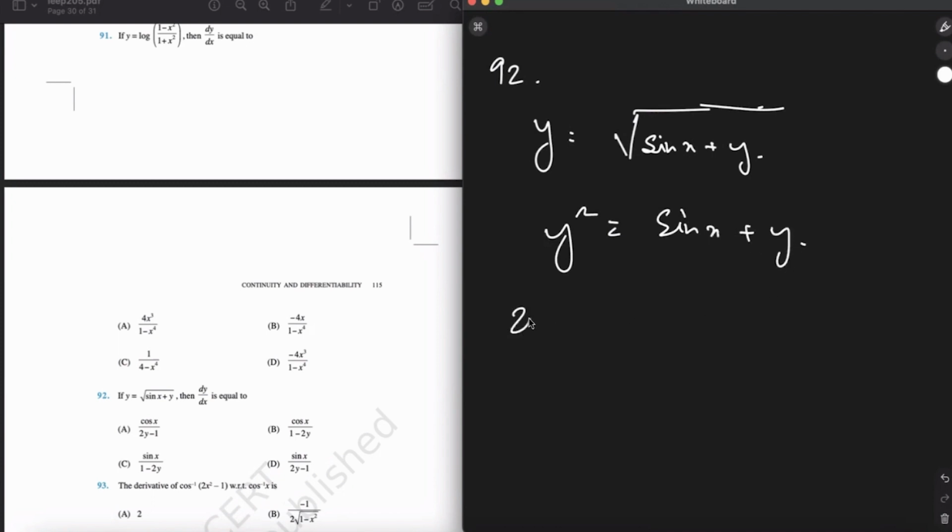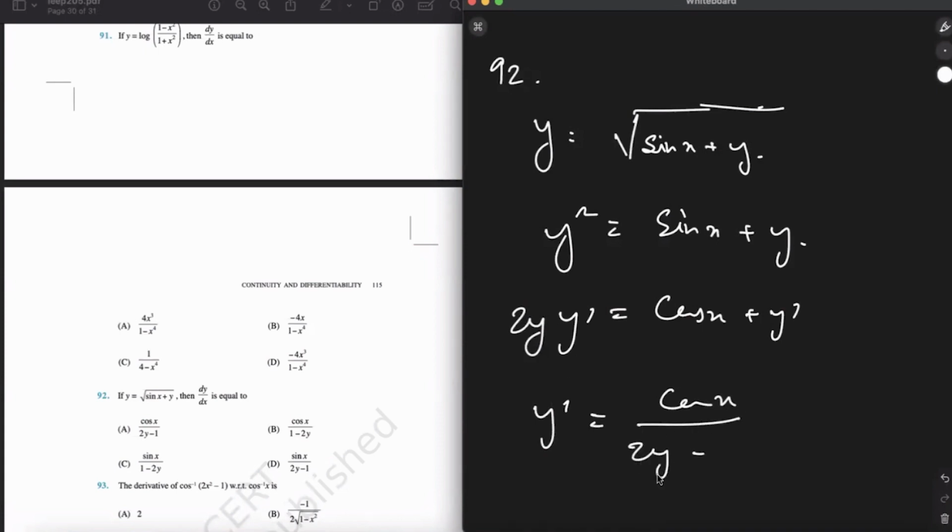And if I start differentiating it now, 2y y dash is equal to cos x plus y dash. If I take y dash common, I'll be left with cos x and 2y minus 1. So is there any option? Yeah. Cos x divided by 2y minus 1 is option number A.